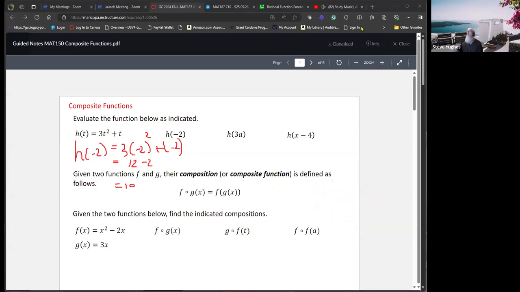All right. What about the next two? Well, the next one says I don't want to replace it with a constant. I want to replace it with a variable.